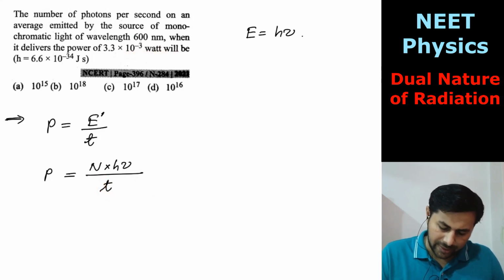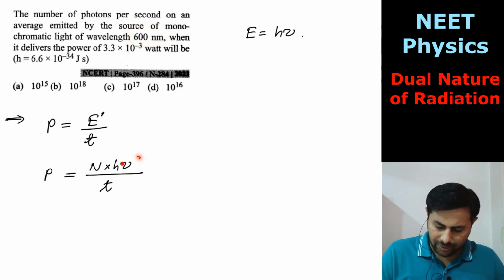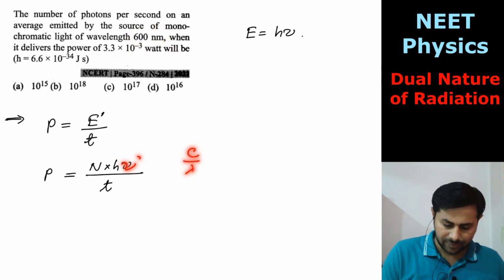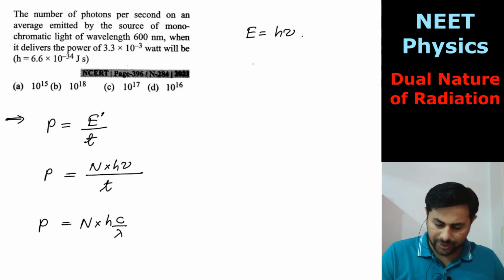Right? And then the wavelength is given. So we need to convert that nu to c by lambda. Okay, so we have n times h nu, that is h c by lambda, is equal to P, and take t equal to 1 second. Put that over here.